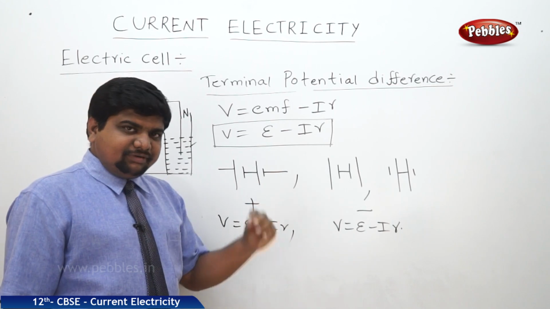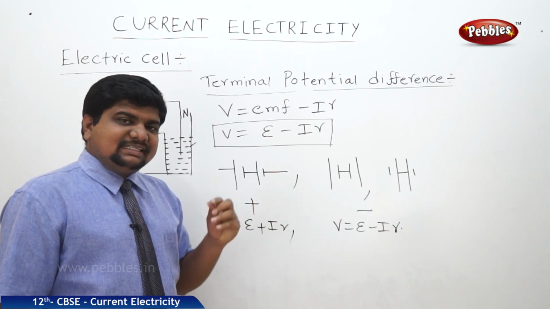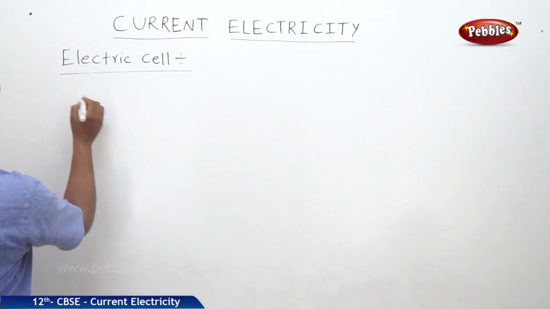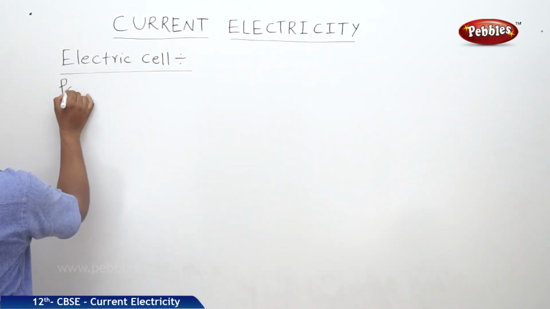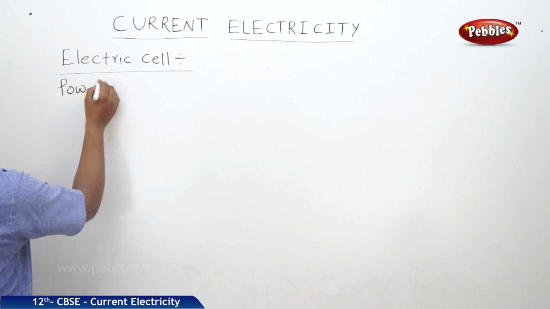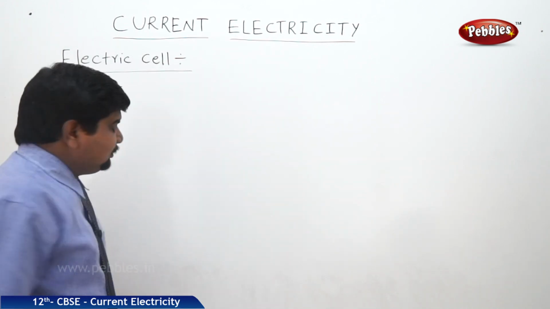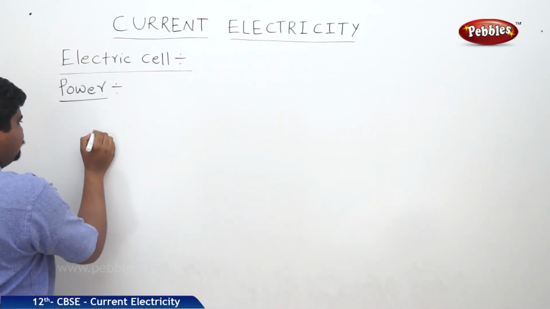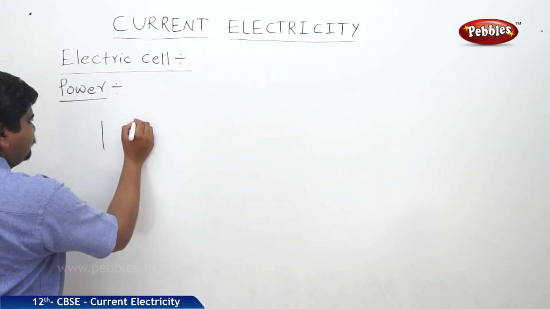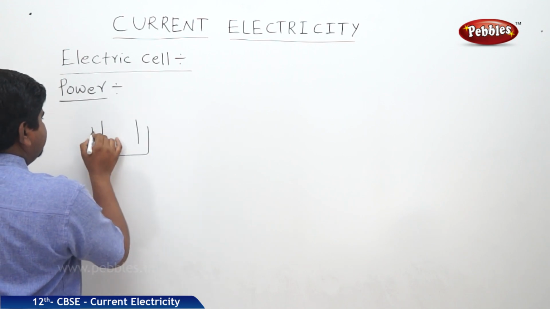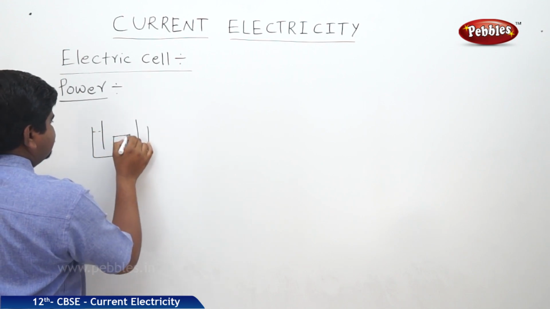Next we will see the power rating, how the power is dependent on the resistance of the cell. Now we will see the power and dependence of power on resistance. Power here means the power of an electric cell. See, the construction is like this. We know that the positive electrode and negative electrode are fused in an electrolytic cell with insulating walls.